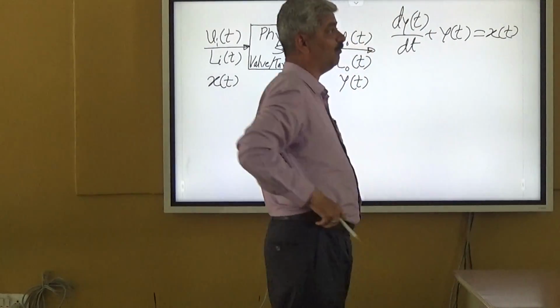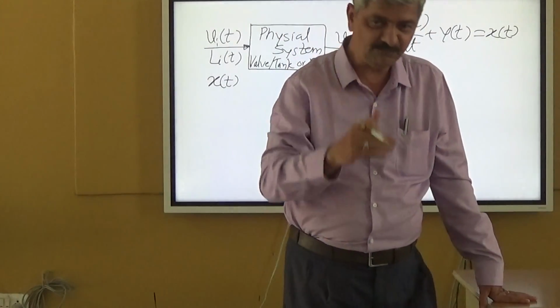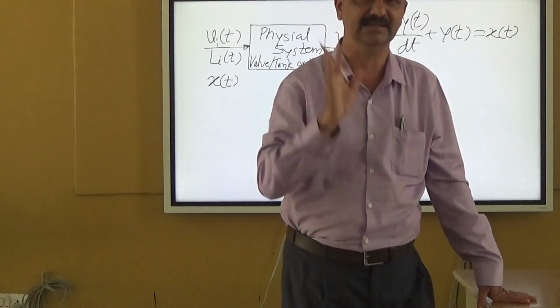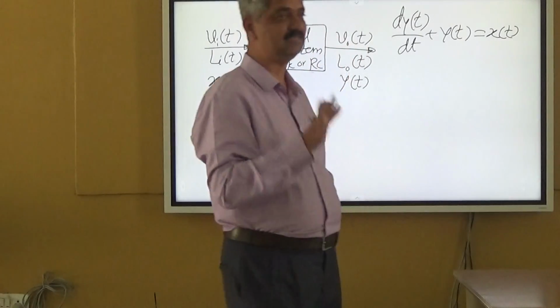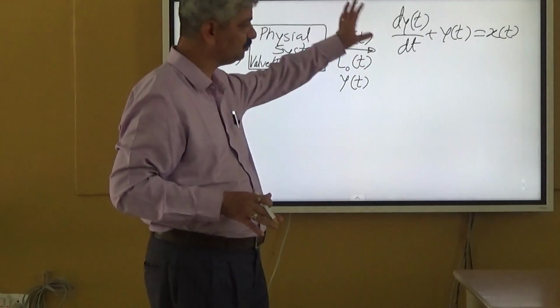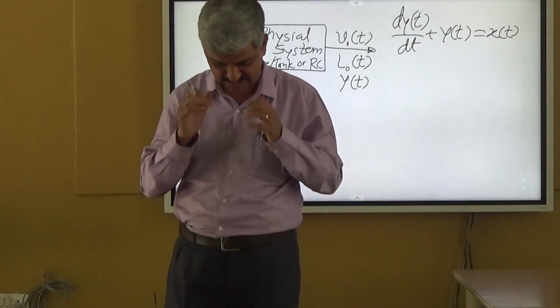Now what is ultimately asked is to find an expression for y(t). To find an expression for y(t), conventionally you may solve this differential equation, but we have deliberately adopted the approach that we should get our feel.